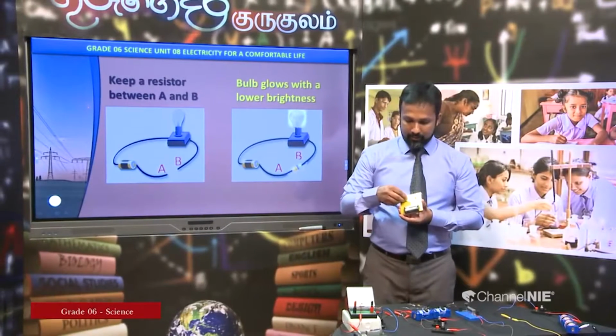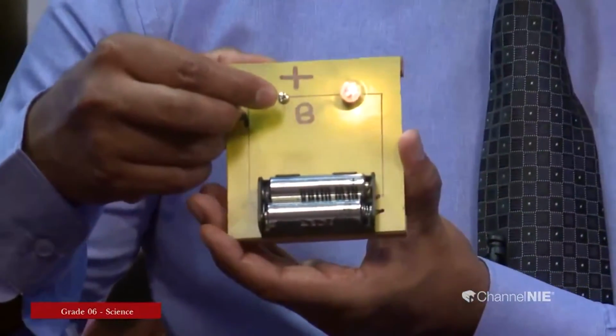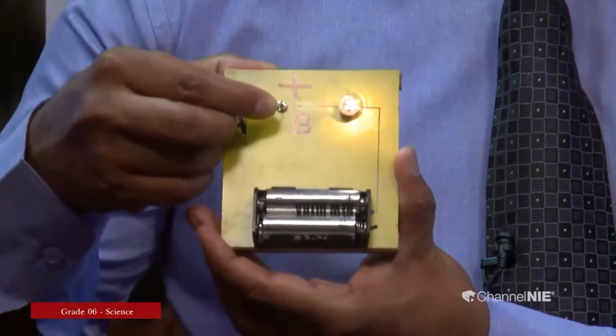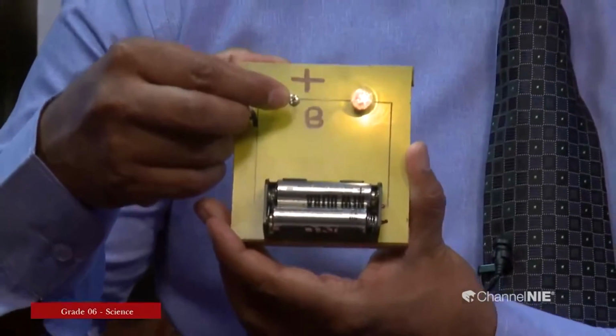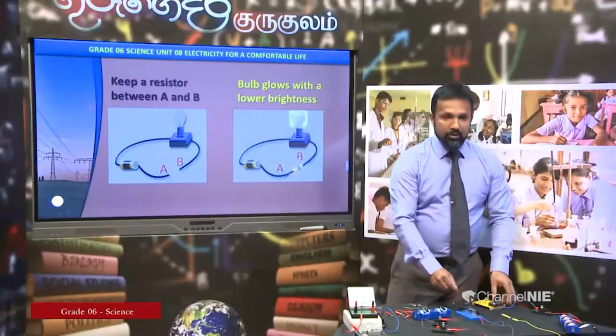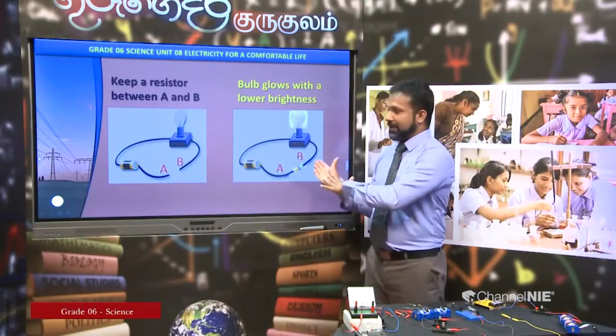Here you can watch the difference. When connecting a resistor between A and B, the brightness of the bulb reduces. Right. So, the bulb glows with a lower brightness.